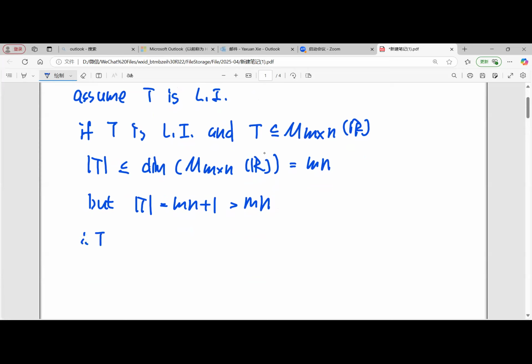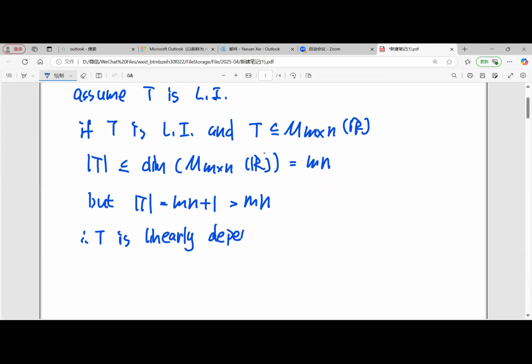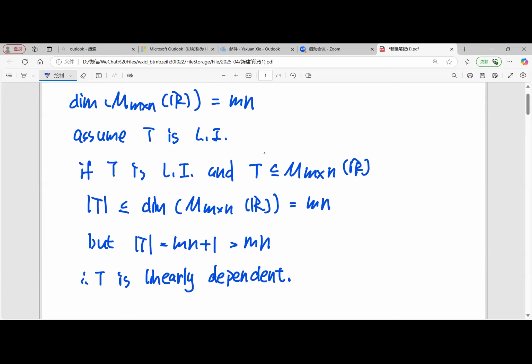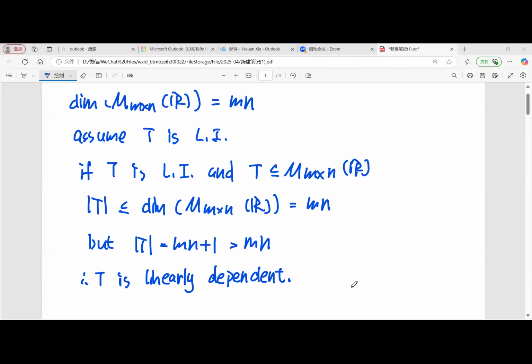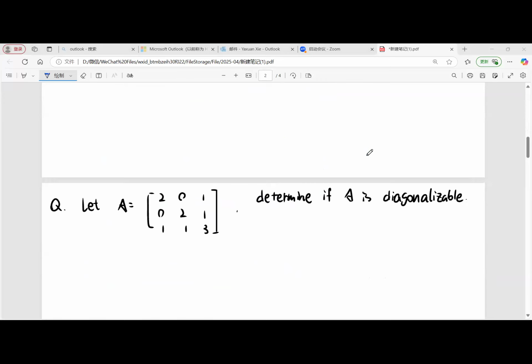Then we have T is linearly dependent. Yeah, by the dimension bound theorem. This one's pretty straightforward. And we'll move to the next one. It's a computation question.